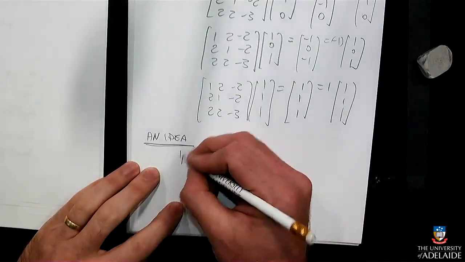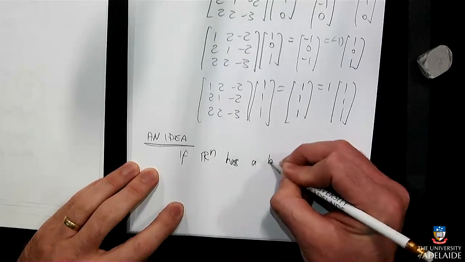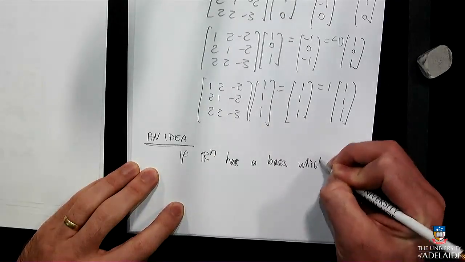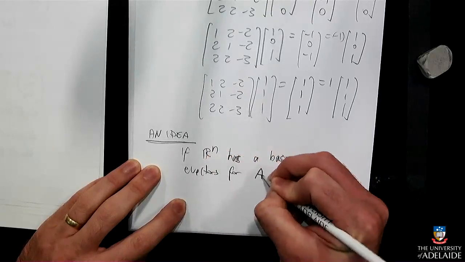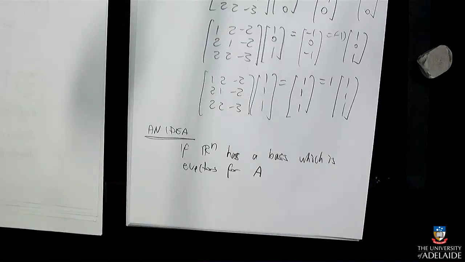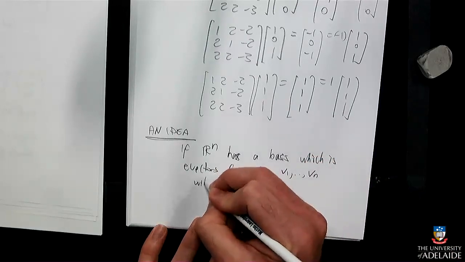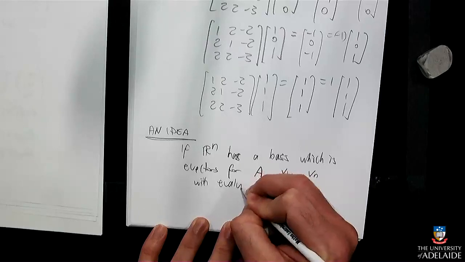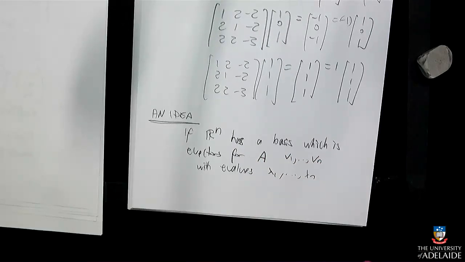So if Rn has a basis which is eigenvectors for A, let's say V1 up to Vn, with eigenvalues lambda 1 up to lambda n, then we can figure out what A does to any vector in R3 like this.